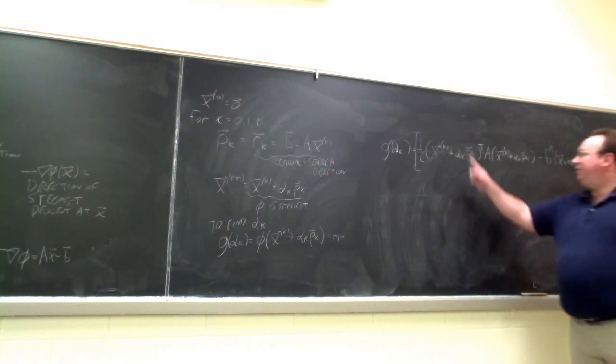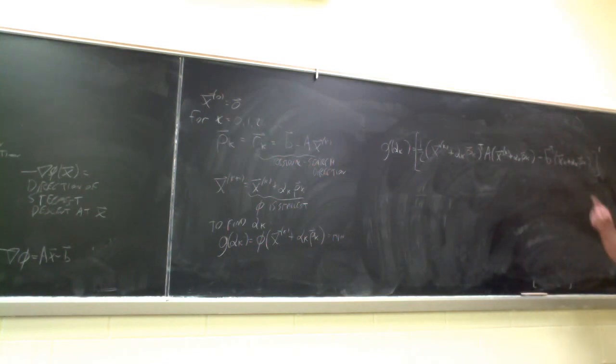When you have several factors multiplied together, in this case 3 items, the vector transpose, A, then the vector again, you would have 3 terms, and in each term one thing is differentiated. We are also differentiating with respect to alpha k. So that's our variable. Everything else is considered a constant.